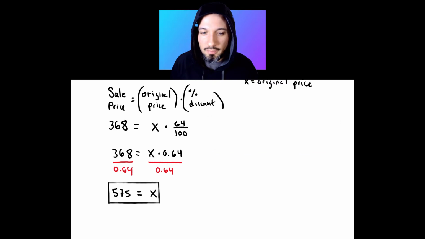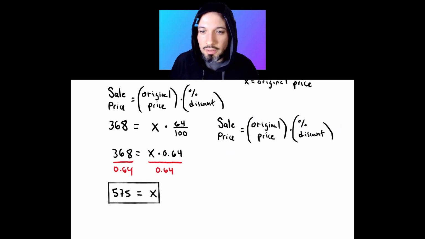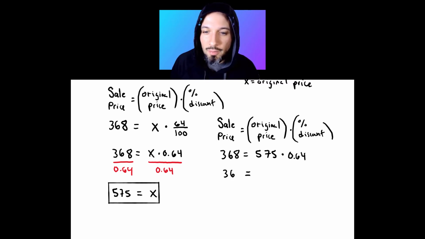Now I substitute everything I know. My sale price was $368. The original price we found to be $575, and I multiply that with the percent of the original price we're paying, which is 0.64 in decimal form.